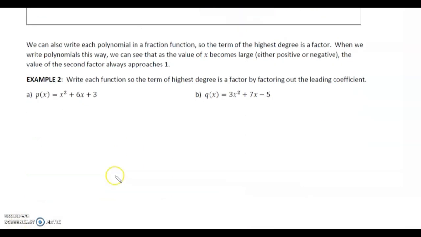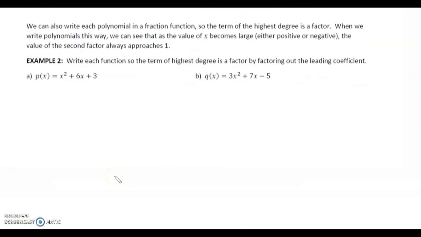Write each function so the term of the highest degree is a factor by factoring out the leading coefficient. If we have p of x equals x squared plus 6x plus 3, we're going to take the first term and divide each of these terms by x squared.